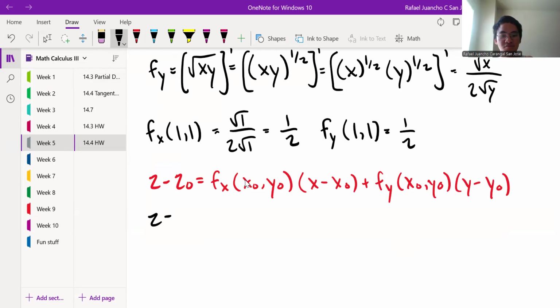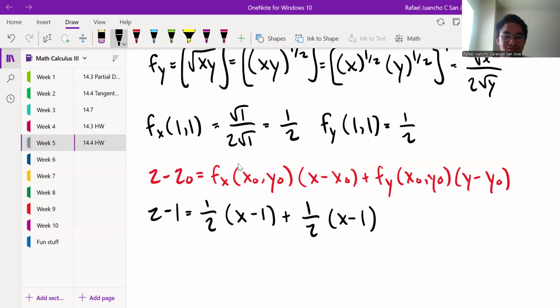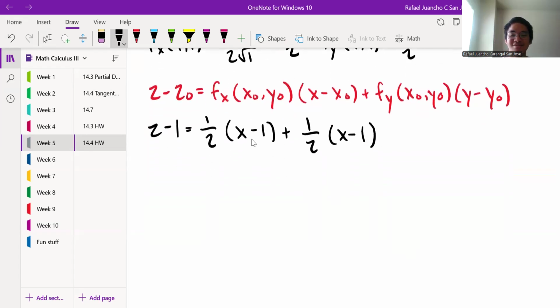Let's plug in: z minus 1 equals 1/2 of x minus 1, plus 1/2 of y minus 1. Right? And then that's it. We're done. We can simplify. I'm not going to simplify. Do I need to? Nah, I don't think I need to.